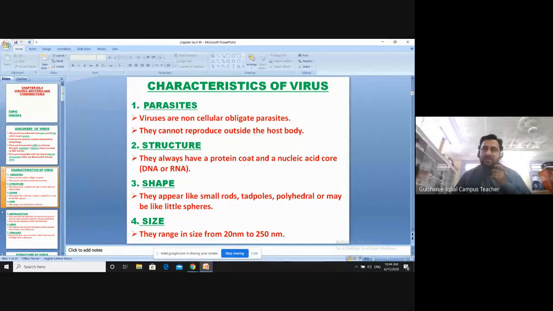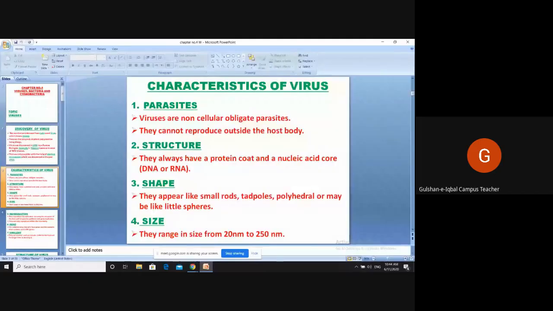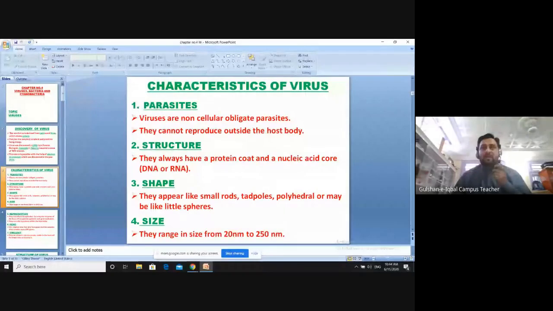You will not see virus anywhere in the classification because they are not made up of cells. They are non-cellular. Okay, and they are obligate parasites. Obligate parasites mean that they only survive in their host body. They cannot survive outside the host body. So they are known as obligate parasites, and they are going to harm you obligatorily.